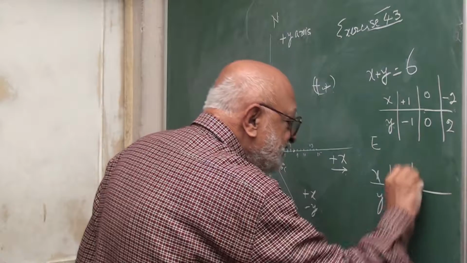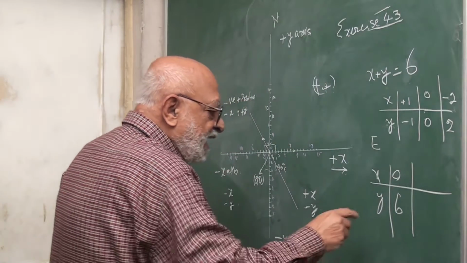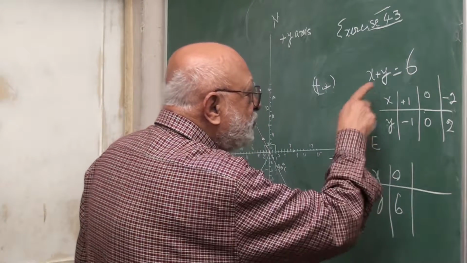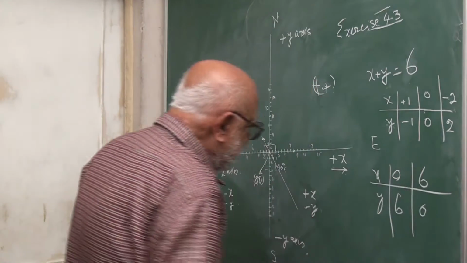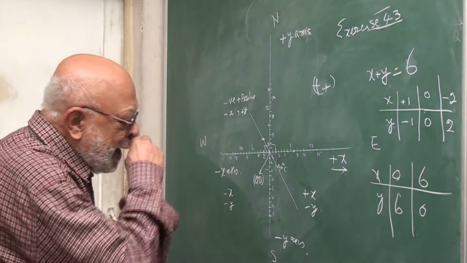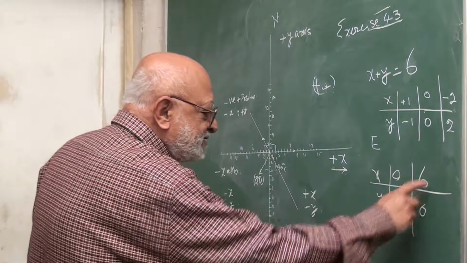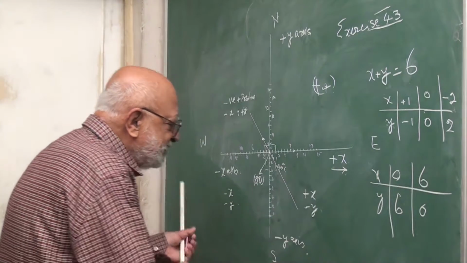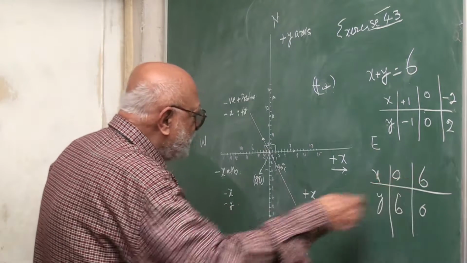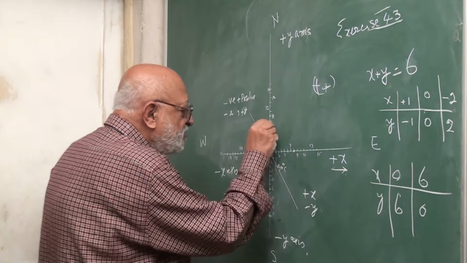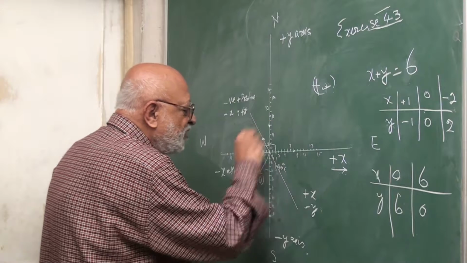If I take y equal to 0, then x is equal to 6. So I need 2 points to draw a graph. So x equal to 0, y equal to 6 is one point.